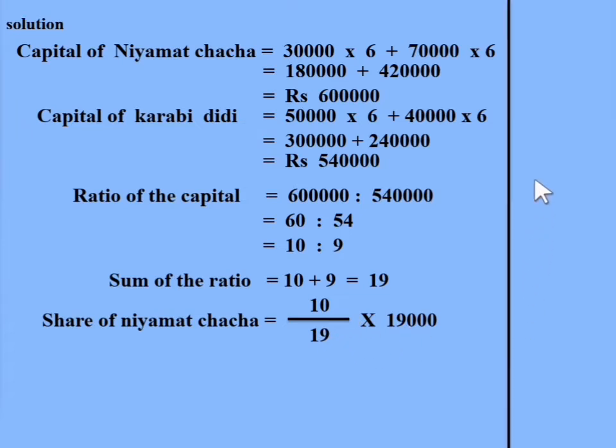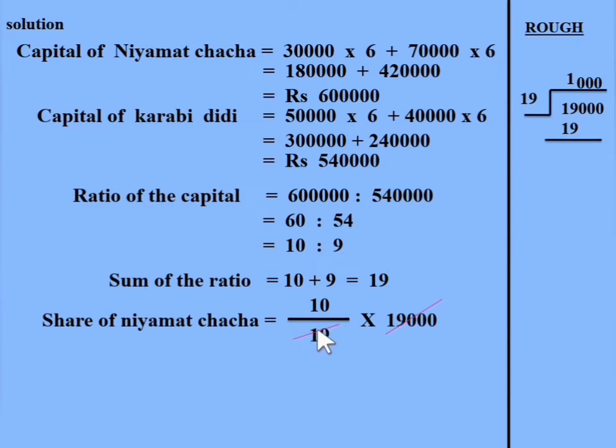Let's divide here. 19,000 divided by 19 equals 1000. So when we divide 19,000 by 19, we get 1000.